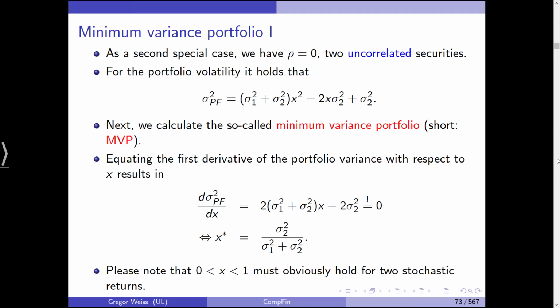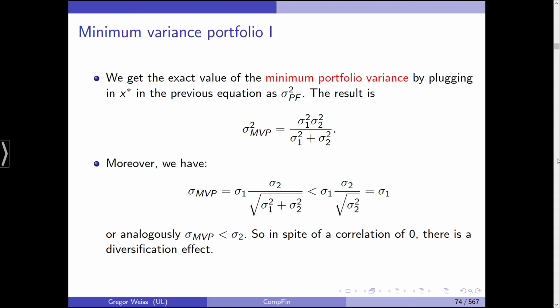If we solve for x, we get x star equal to sigma 2 squared divided by sigma 1 squared plus sigma 2 squared. And please note that if we have a weight that is between 0 and 1, this has to hold for two stochastic returns, because otherwise we would get an equation where we have to divide by 0, and this is not feasible.